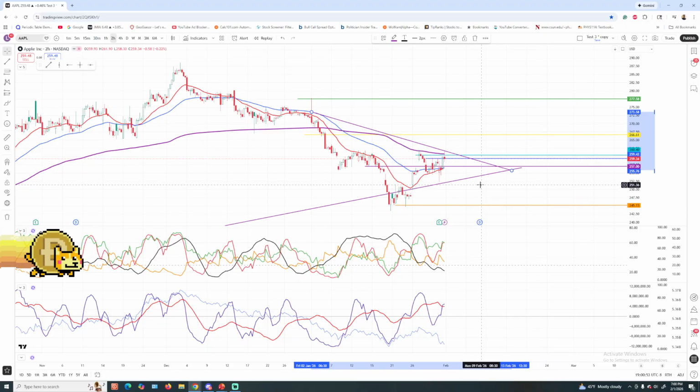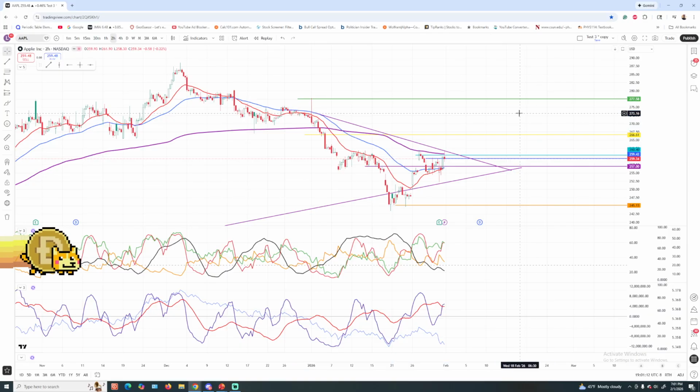That's super low. Is it 250? Oh, it's 252. So 252, pretty much this trend line that I made. If it breaks below this triangle, we'll probably see 245. That's it for Apple.